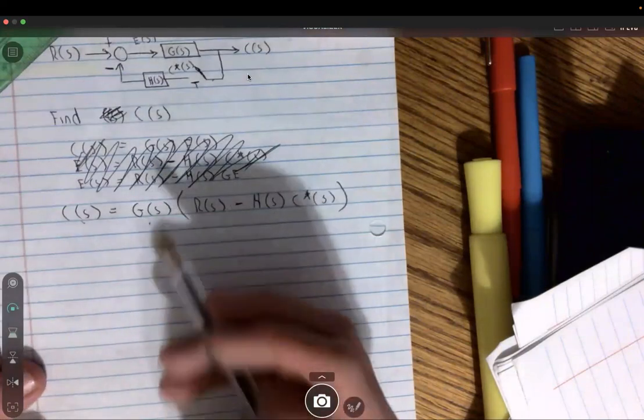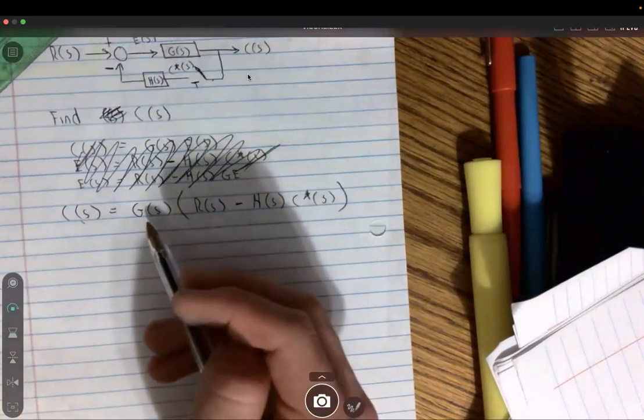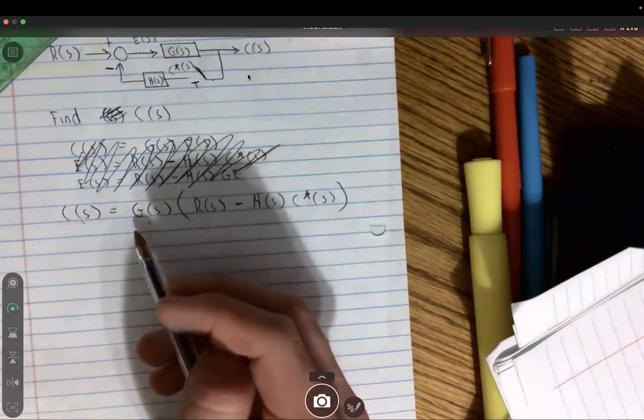Now, what we have to do from this equation is find the Z transform of it.